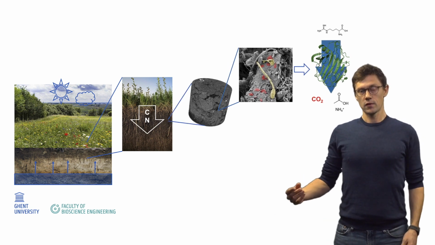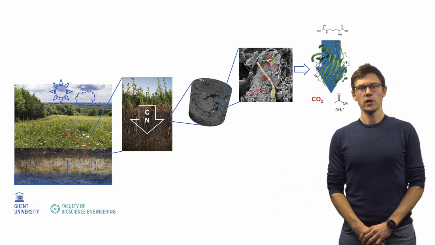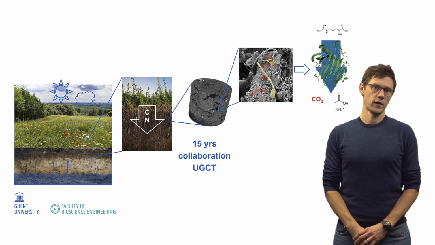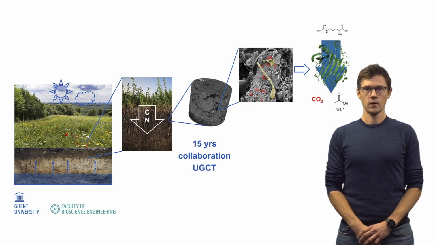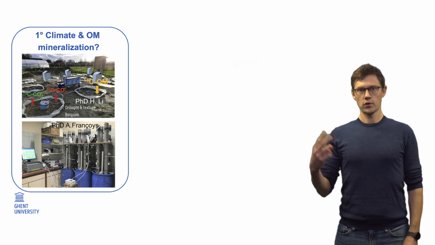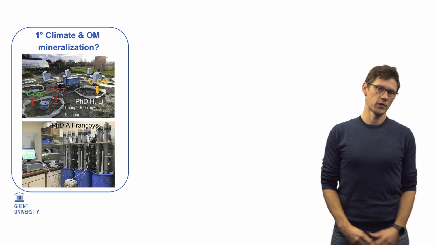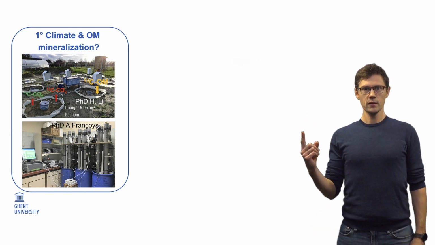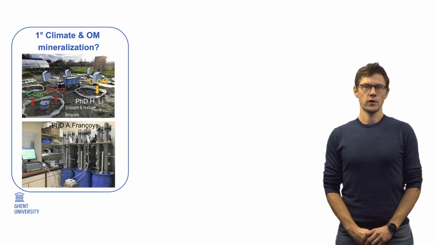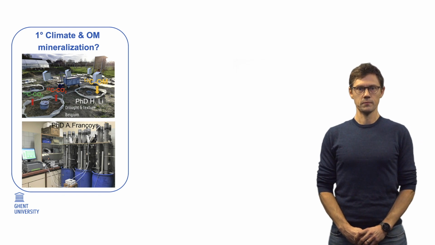And together with the UGent Center for X-ray CT, we have been teaming up for over 15 years to quantify that aspect of soil. To exemplify this, I'd like to introduce you to two parts of our research on organic matter mineralization. The first line at our lab concerns soil moisture availability, which is a key driver of soil microbial activity.